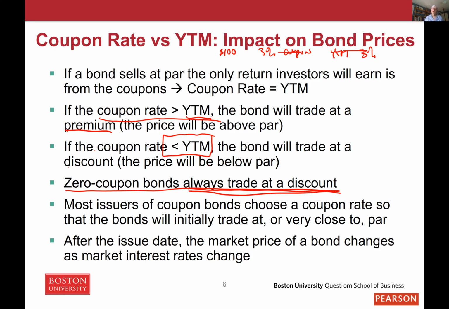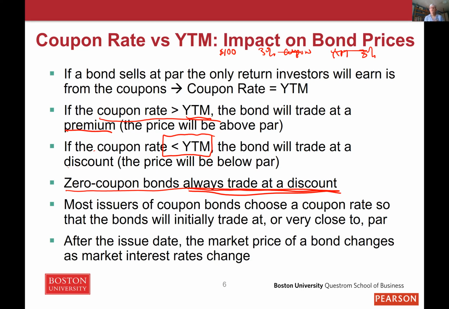Generally, when these bonds are first issued, they get issued so that the coupon rate is really close to whatever the yield to maturity is in the market. So these bonds are trading pretty close to par. The reason you end up with bonds where the coupon rate is really different from the yield to maturity is that many bonds are 20 and 30-year bonds.